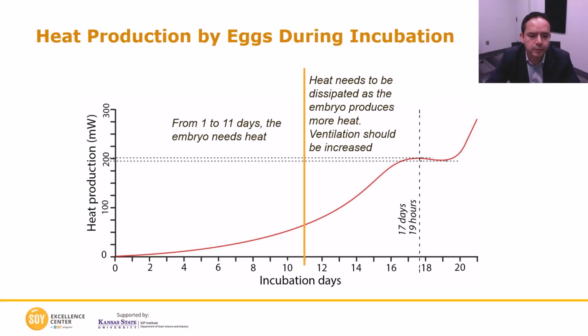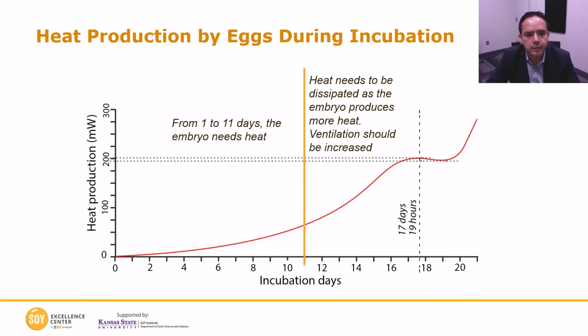Hopefully, this graph helps me convey the message that I was trying to convey in the previous slide. Here you can see that from 1 to 11 days, the embryos are not going to be producing a lot of heat, so they will need heat.